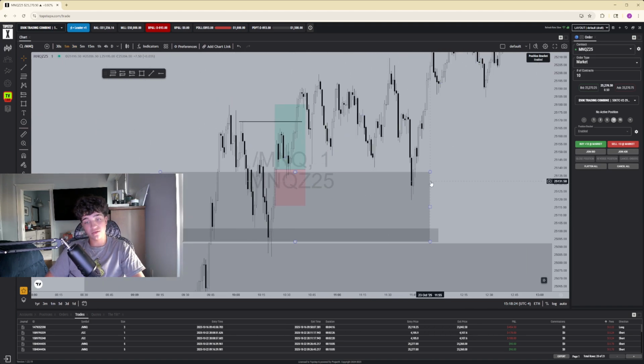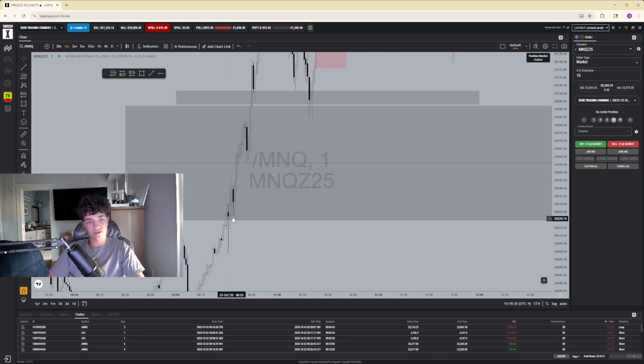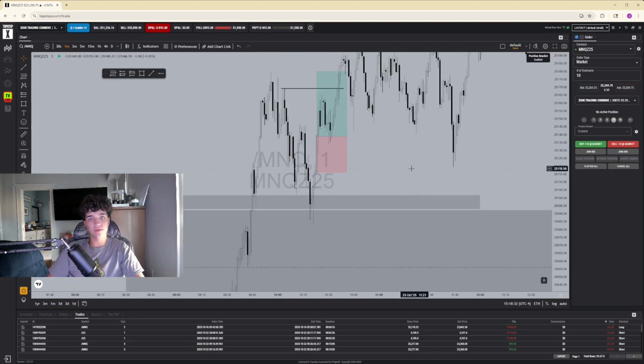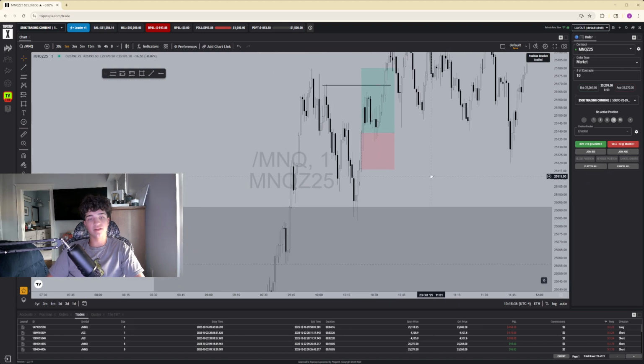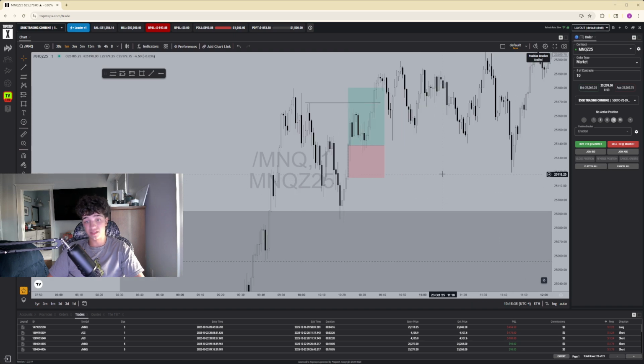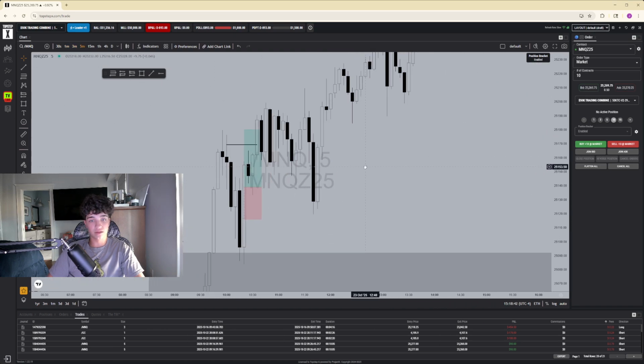Most of the time 5 minutes do it, but 15 minutes are just money. If we're way overbought like this, like we just ran straight up, I might in the future just wait for a 15 minute, which is honestly a better idea than a 5 minute. But 5 minutes do definitely work because I've won a good many trades off 5 minutes.